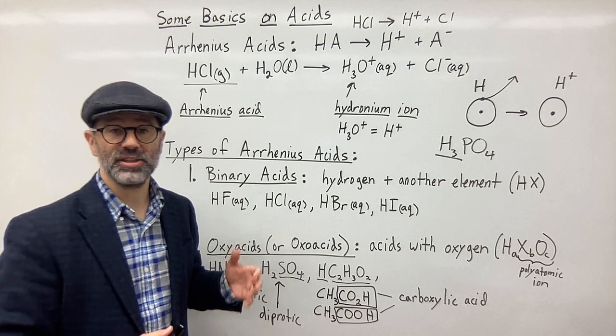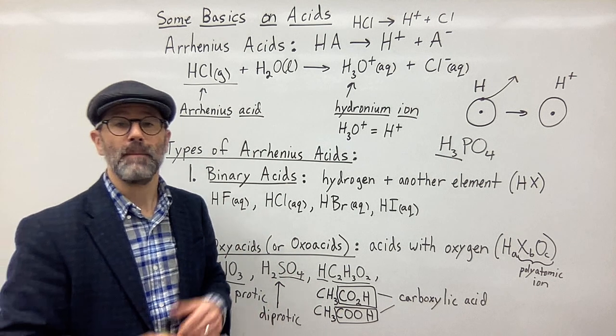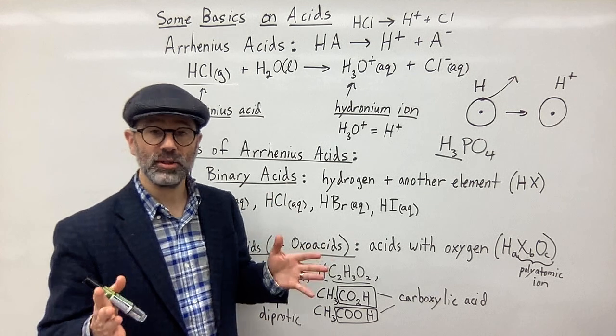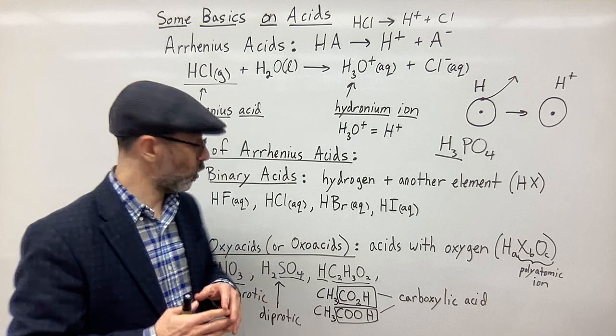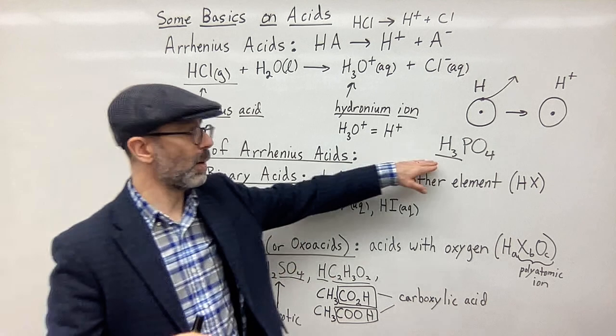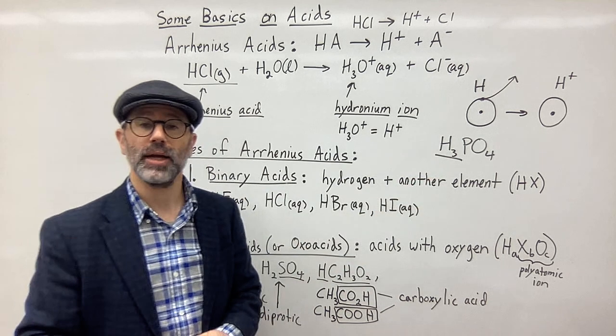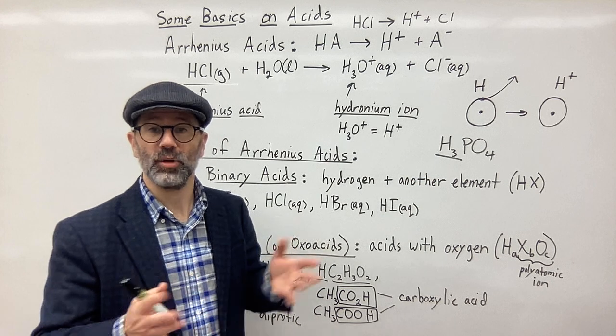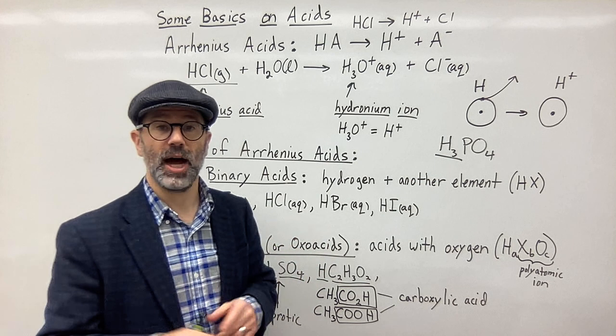You could also call this a polyprotic acid. Poly just means many, right? So many protons, more than one. So you could call this one a polyprotic acid. You could call this one a polyprotic acid, right? So poly just means many, or in this case, 2 or 3 protons.